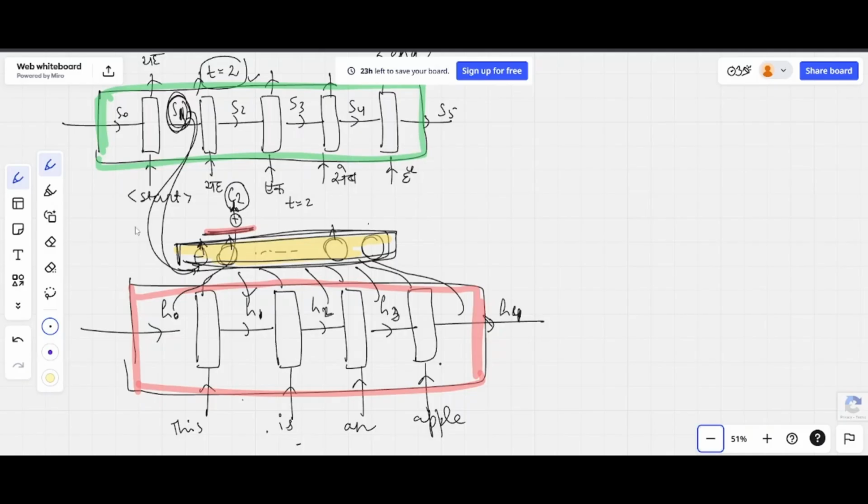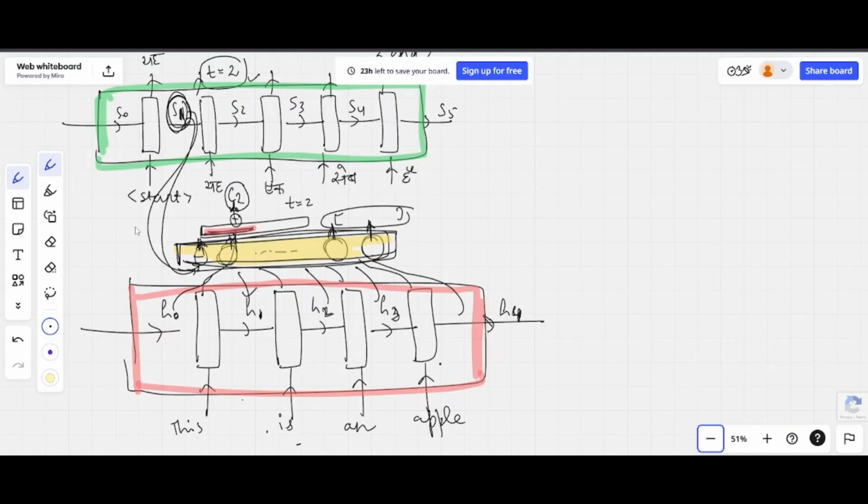Then we have a softmax layer, because the vector that we are getting from here is actually not normalized. The sum of the elements of this vector is not equal to 1.